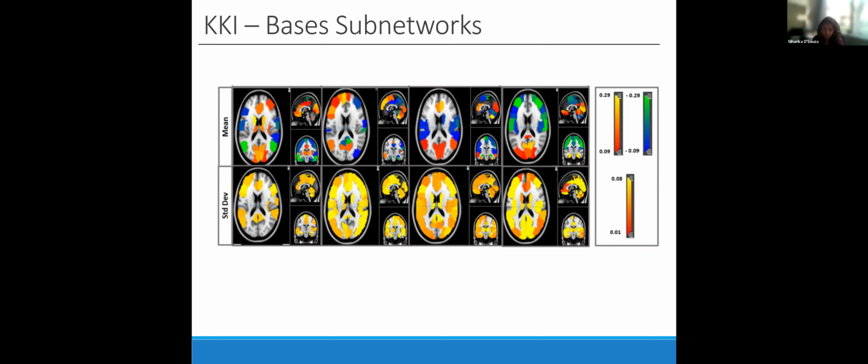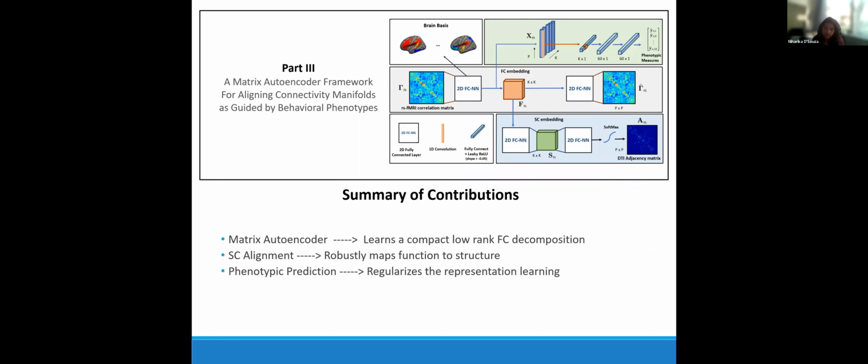existing deep learning methods. To summarize our contributions from this section, we have developed a matrix autoencoder that can exploit the underlying geometry of the functional connectivity. Our structural connectivity alignment decoder learns a robust mapping from function to structure, and the phenotypic prediction serves as a secondary regularizer.